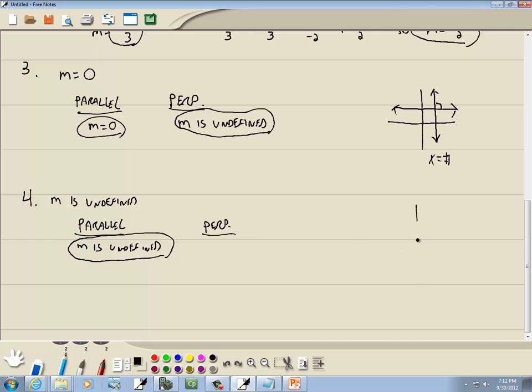Well, let's think of what that means again. m is undefined means it's a vertical line. It looks like that. Perpendicular means I'm going to have a line going across like this, forming a sharp corner. So that's vertical, and this is horizontal. And the horizontal is, again, y is equal to a number. And when you've got a horizontal line, your slope is 0. So m is 0.